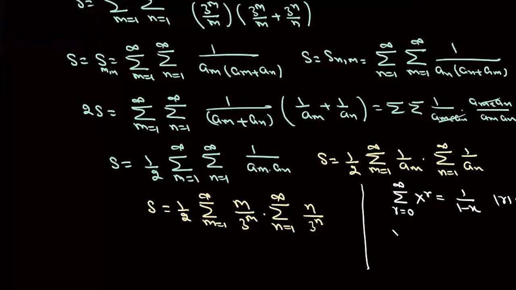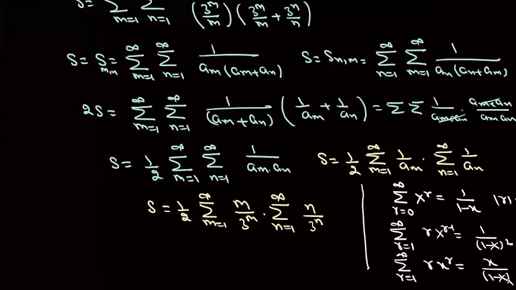And if we differentiate this, we can write summation r varies from 1 to infinite, r x to the power r minus 1 will be 1 upon 1 minus x whole square, or if we multiply with x, we can write summation r varies from 1 to infinite, r into x to the power r will be x upon 1 minus x whole square.